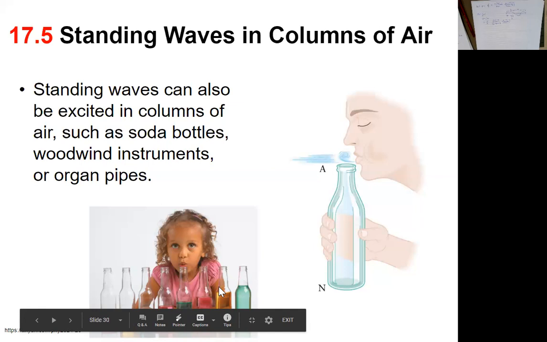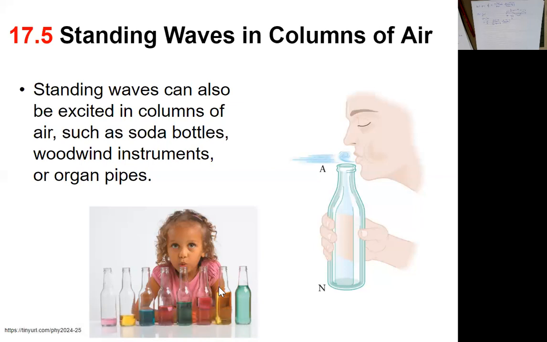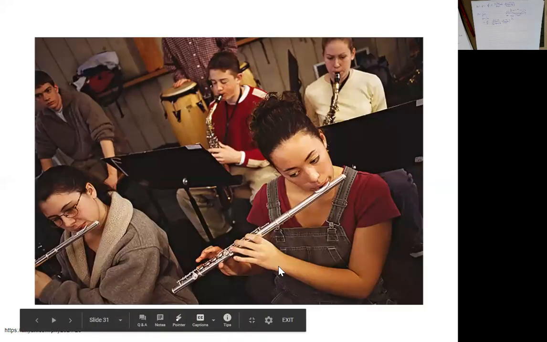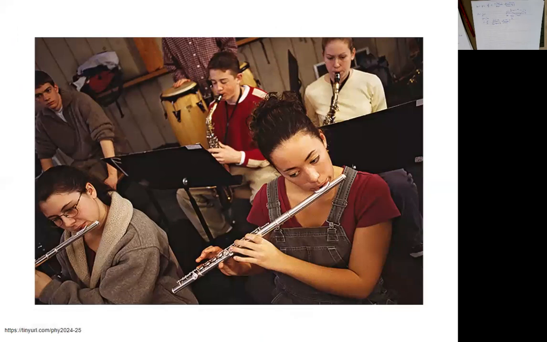You can line them up from the longest air column to the shortest one, and if you blow air across the top, you'll hear different tunes produced by those air columns. Many instruments have that scenario, where the tunes are produced by air columns.